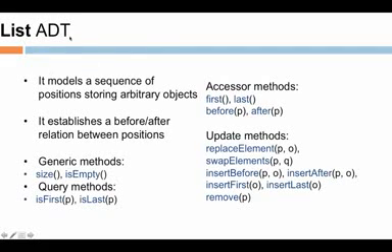Let me go back and repeat. We are talking about the list abstract data type, which manipulates data. What kind of data? The data is the set of positions storing a collection of objects. Every position has a well-defined before and after, that is a predecessor and successor, except for the first element which does not have a predecessor and the last element which does not have a successor.